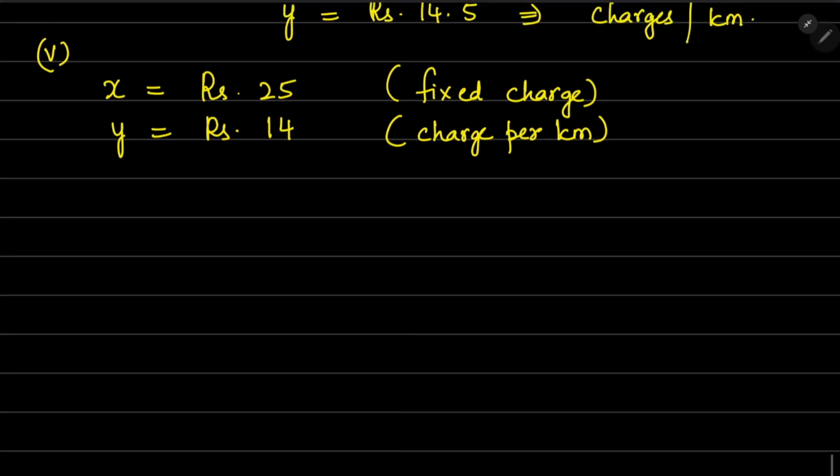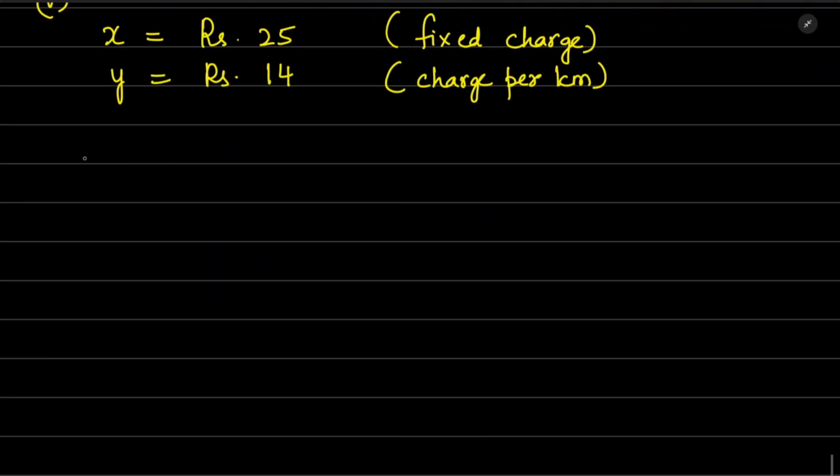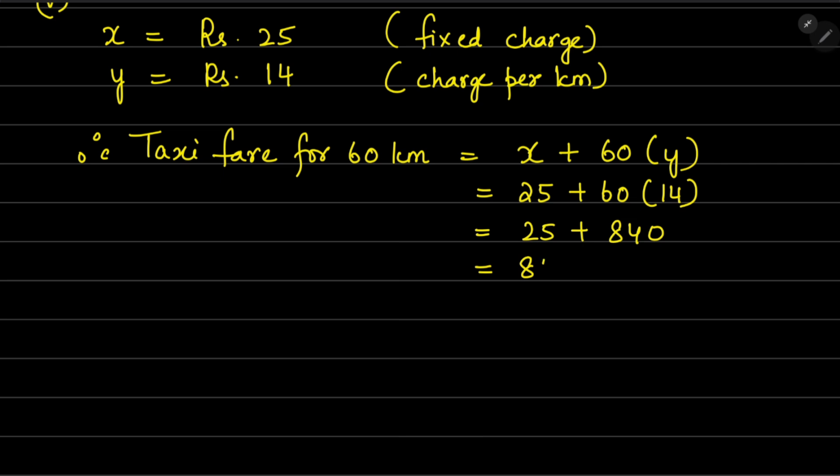Now, you have to find out the fare for 60 kilometers. So you can write down, therefore, the taxi fare for 60 kilometers is equal to x plus 60 times y. What is your x? 25 plus 60 multiplied by 14. So what is it? 25 plus 6 4s are 24, 4 2s are 8. So 840. 840 plus 25 is 865. So 865 will be the total taxi fare for 60 kilometers.